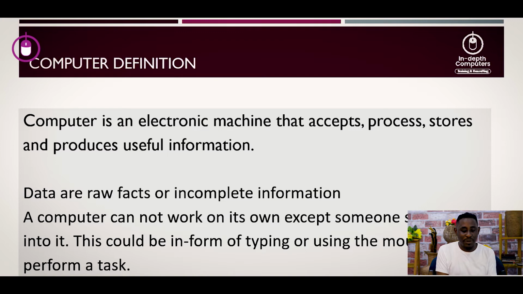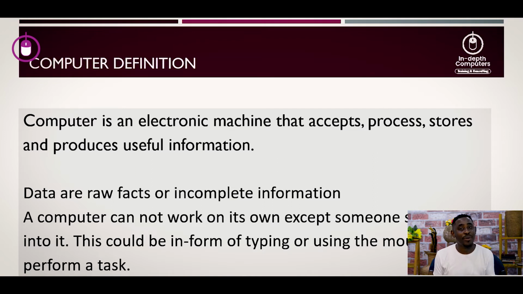For instance, on the keyboard you can see ASDFGHJKL. It's not making any sense. But when you now put SIDE, it becomes side. Or when you put ANGRY, it becomes angry.